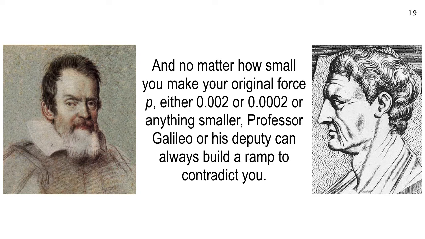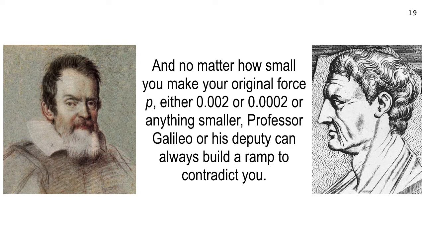And of course there, Galileo would set up a ramp that is in a ratio 50 to 1. Okay, 1 unit of vertical and 50 units of ramp. And he's got Aristotle again. Change it to 0.0002. You can make a ramp for that. You can make a ramp for any of these things that will always contradict Aristotle.